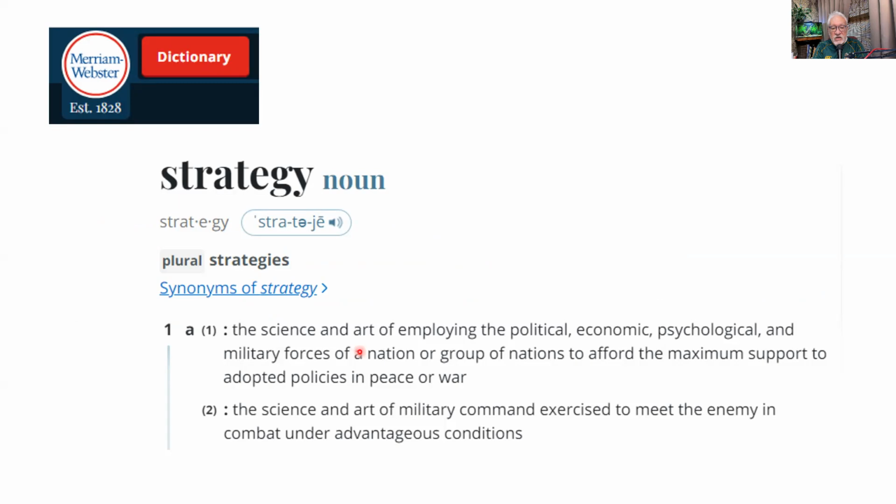The science and art of employing the political, economic, psychological, and military forces of a nation or group of nations to afford the maximum support to adopted policies in peace or war. Alternatively, the science and art of military command exercised to meet the enemy in combat under advantageous conditions.